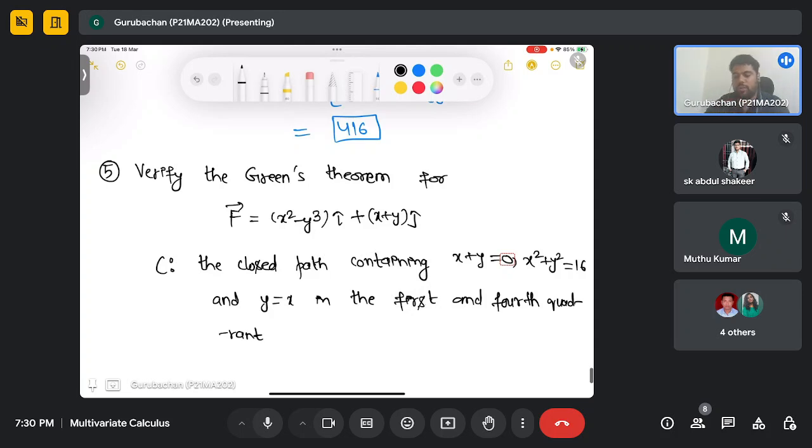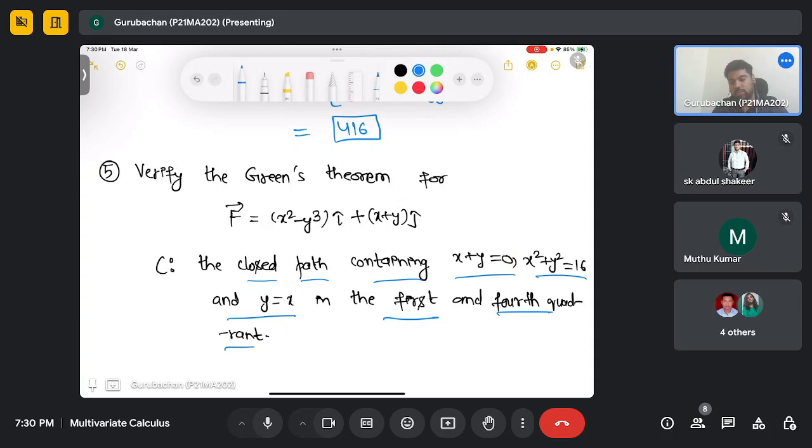So we have a vector field, and a closed path containing these three curves in the first and the fourth quadrant, and we have to verify Green's theorem over this particular region.